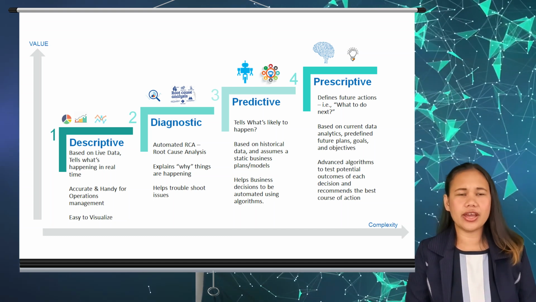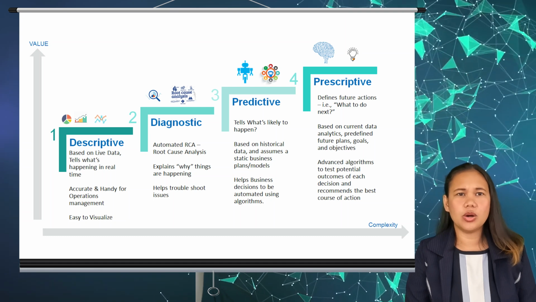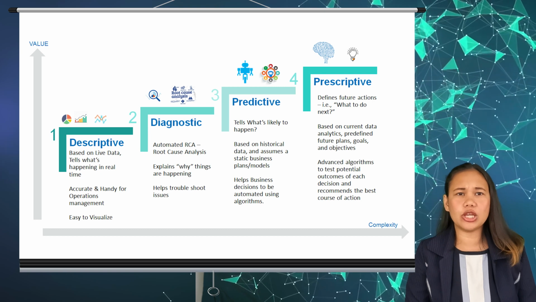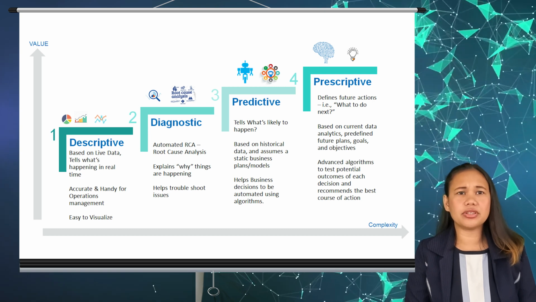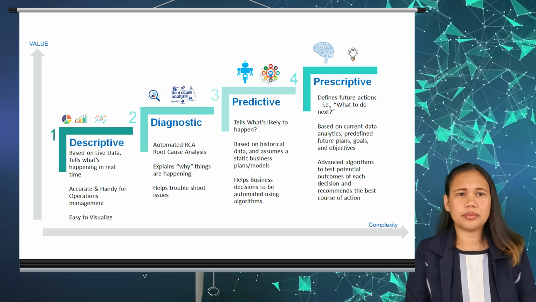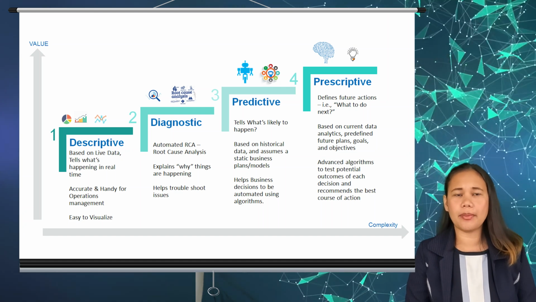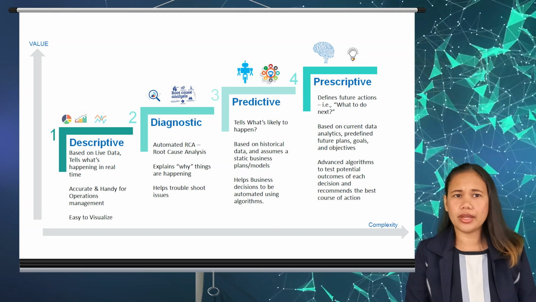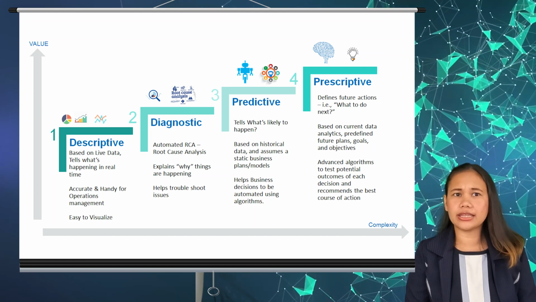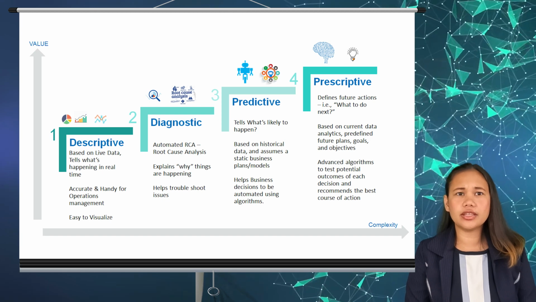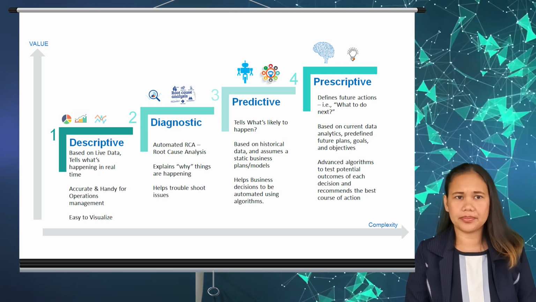Prescriptive. Advice on possible outcomes. What do I need to do? The next step up in terms of value and complexity is the prescriptive model. The prescriptive model develops an understanding of what has happened, why it has happened, and a variety of what might happen analysis to help the user determine the best course of action to take.